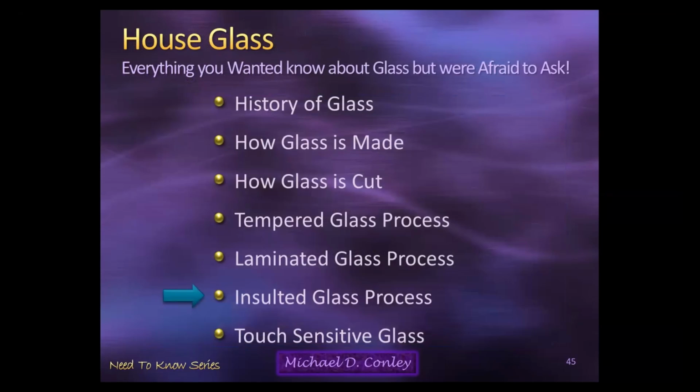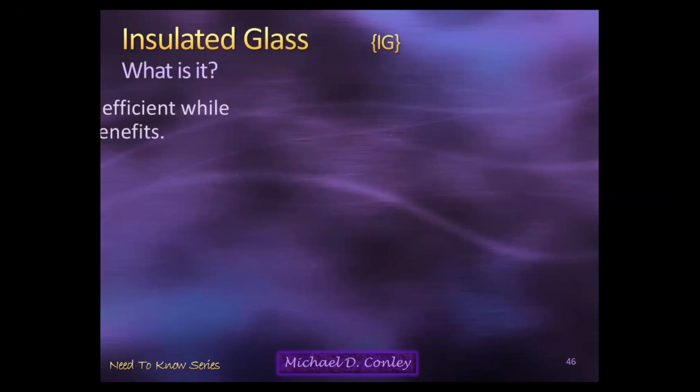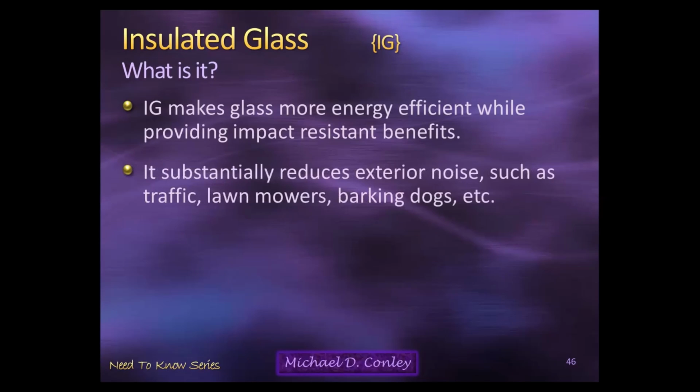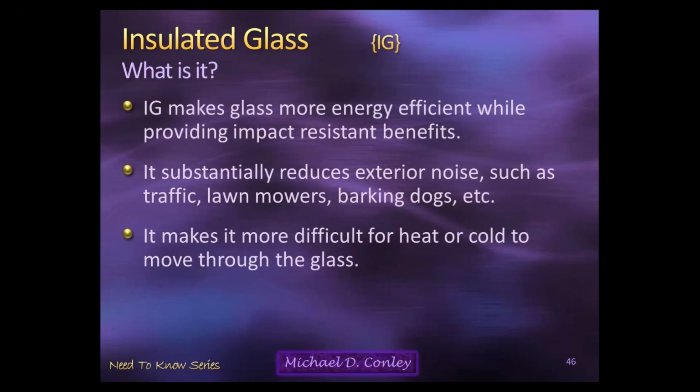Insulated safety glass or insulated glass process. Insulated glass makes glass more energy efficient while providing impact resistant benefits. It substantially reduces interior noise such as traffic, lawnmowers, barking dogs. It makes it more difficult for heat or cold to move through the glass. Some building codes require it.